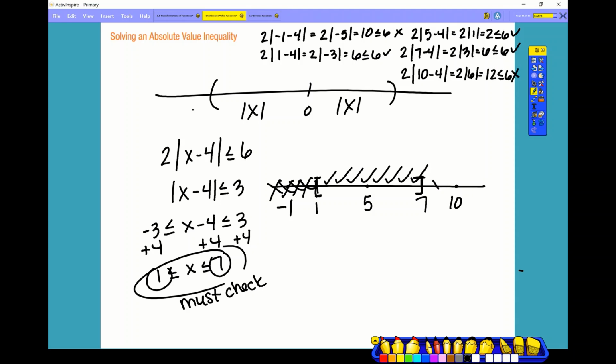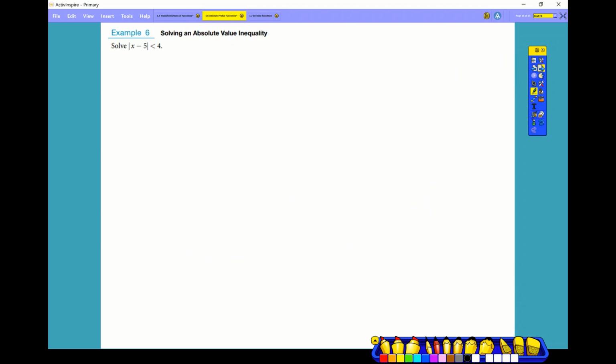And that's not true, so we don't include these. Okay, so this is the answer. Also, it would be 1, 7 in interval notation. Either one of those. So that's the process.